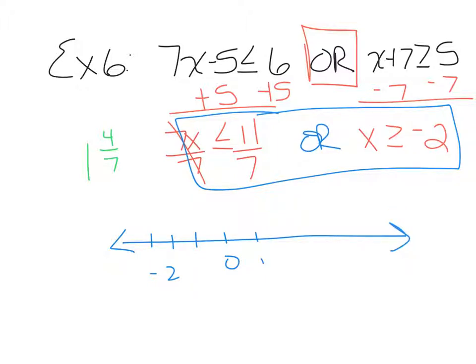So I will put 1 and 2 on there, and my 11/7 is going to be someplace right in here, and I'll mark that as 11/7. So when we graph this, x is less than or equal to 11/7, so this will be closed at 11/7, and I will be shading everything that's less than 11/7. Because this is an OR, not an AND. X is greater than or equal to negative 2.